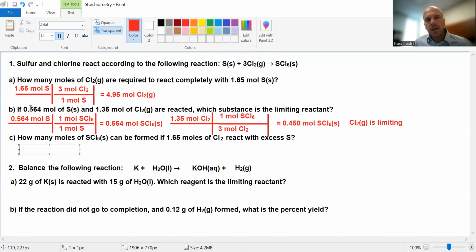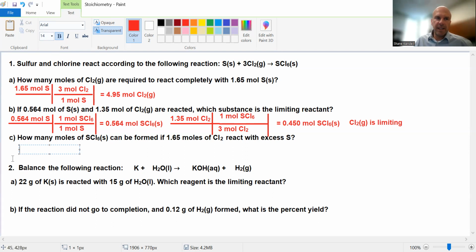And so realistically, for the balance, it would have been 3 times this number, which would have been 1.692. So if I have 1.692 mole of Cl2, then it would have been the correct ratio. So that's another way you could do it. I don't know if that's clear or not, but basically I need 3 times this number of Cl2 because the original equation says I have 3 times the Cl2 requirement as sulfur. So that's another way to do it.